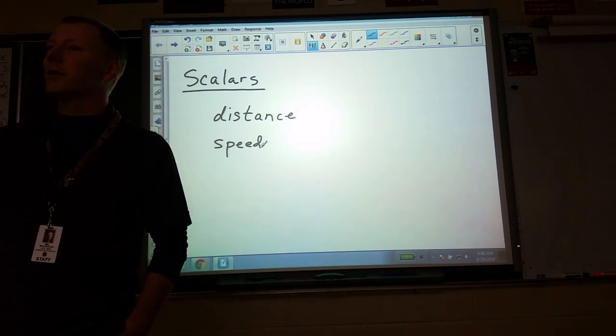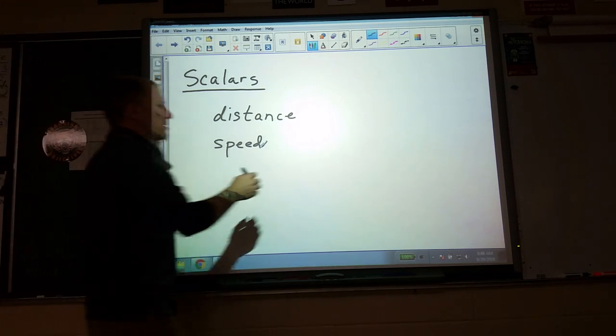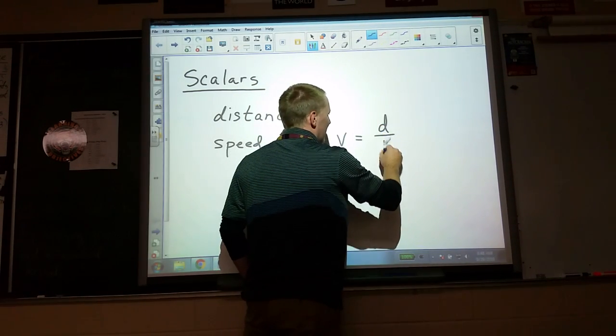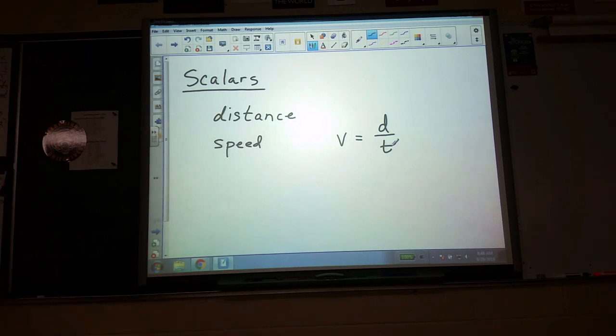If it's meters per second, it's a distance over a time. So we would write that like thus. We use v here because it's very similar to velocity, which we'll talk about in a moment. But it's a simple calculation. It's the distance that we go divided by the time that it takes.